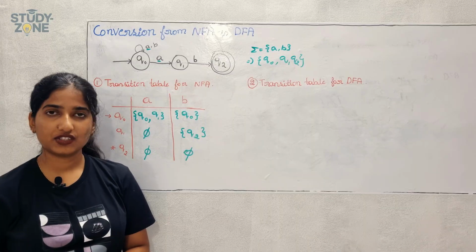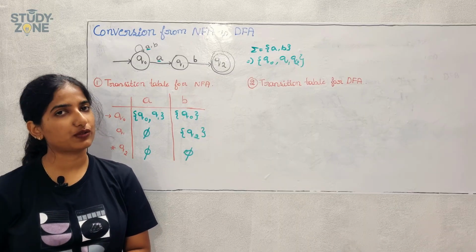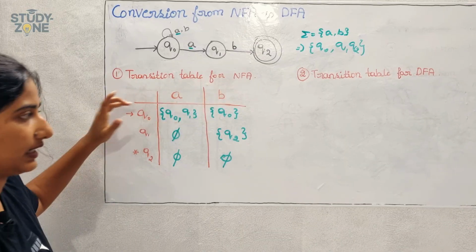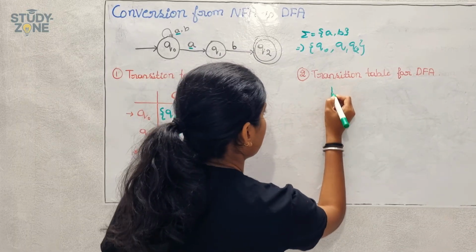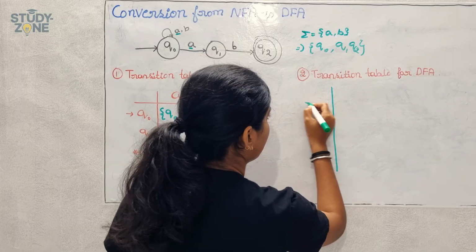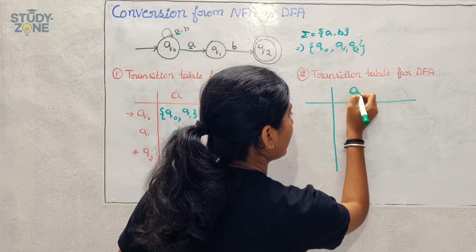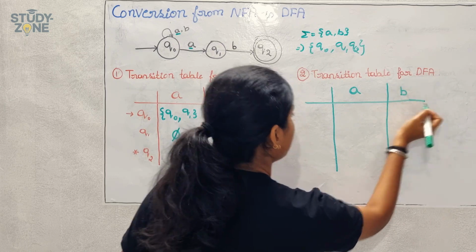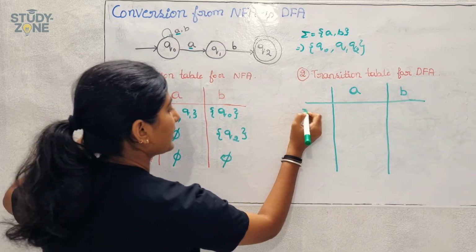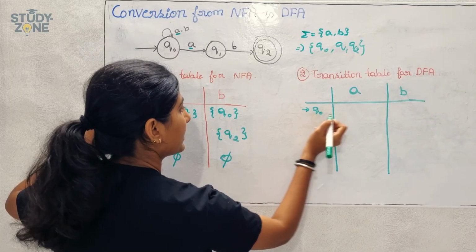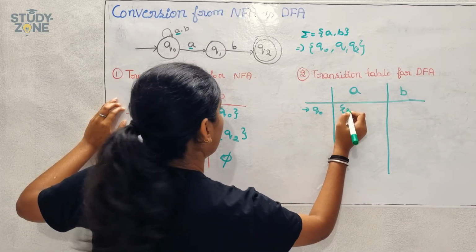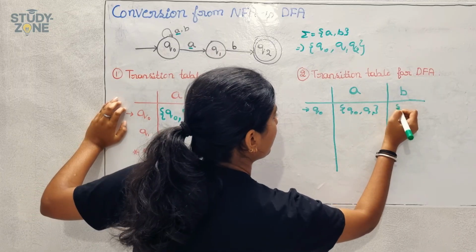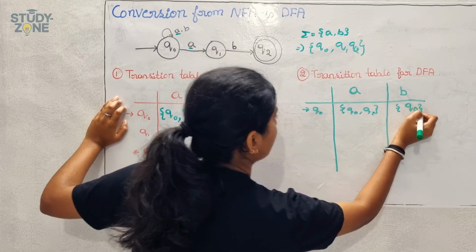To write the transition table for the DFA, what do we take? We take this one as it is, which means the input symbols will be the same, and the states will also be the same, that is Q0, Q0 Q1 and Q0, as it is.